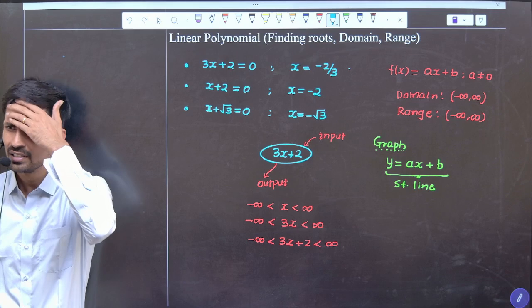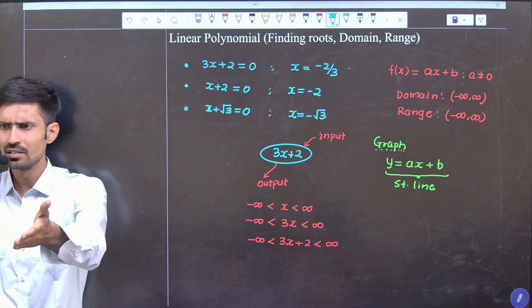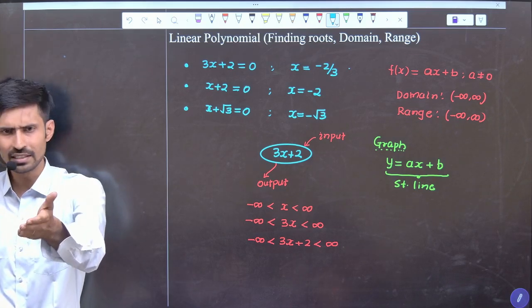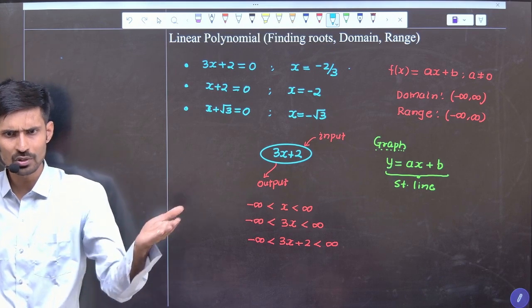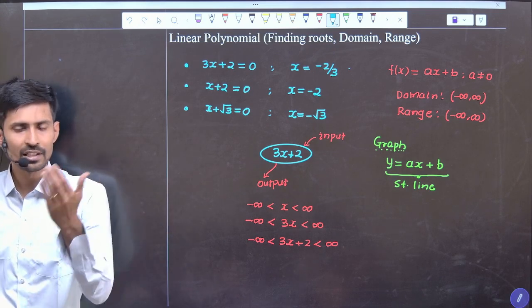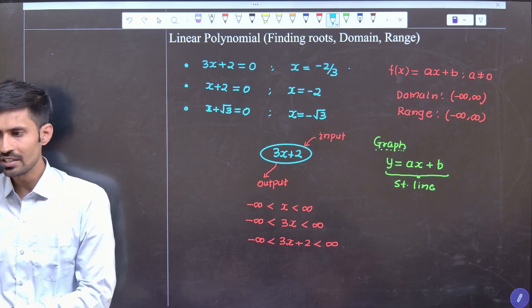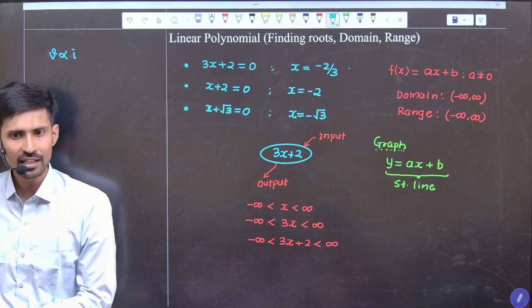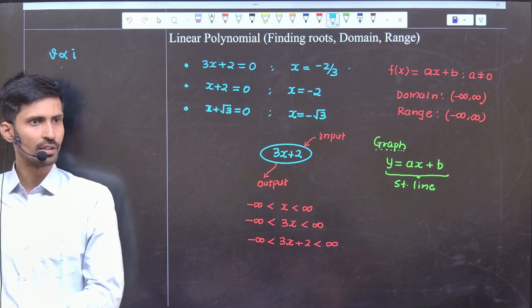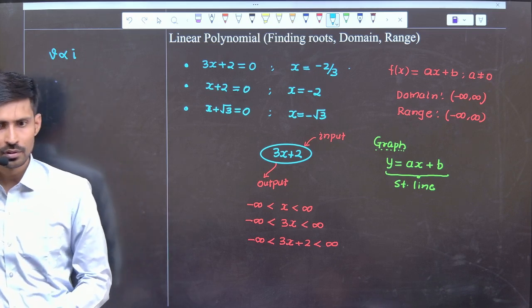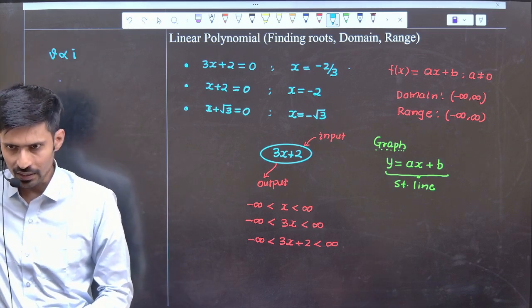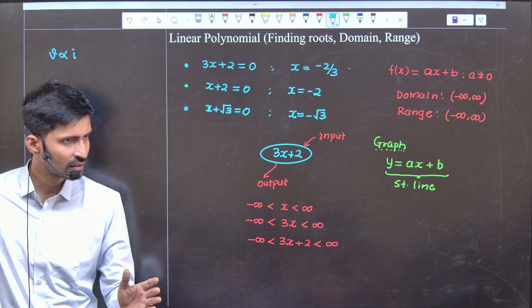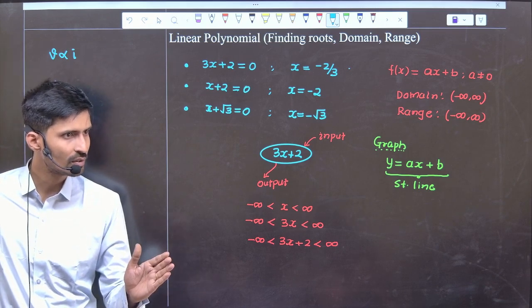In your 10th physics, some directly proportional formula comes. Tell me. V is directly proportional to I. Voltage is directly proportional to current. Chalo. Yes or no? V means voltage, na? I means current, na? Yes or no?